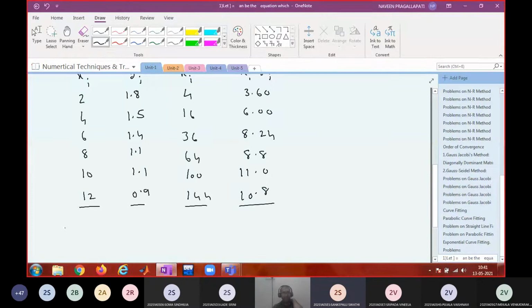Which one? 1.4 into 6 is 8.4, correct. What about each column sum? 30, 36, 40, 42. This is sigma xi. What about this?